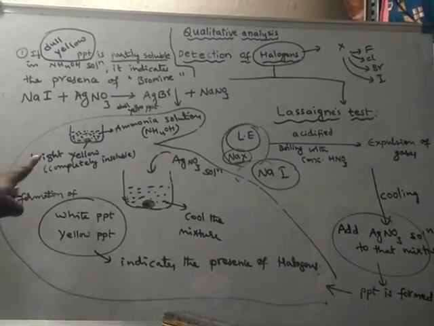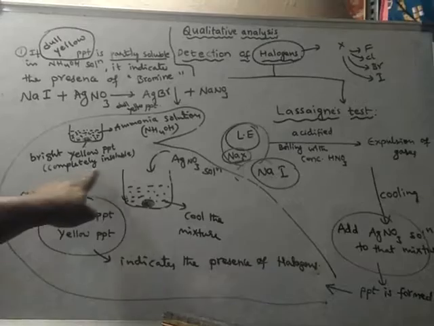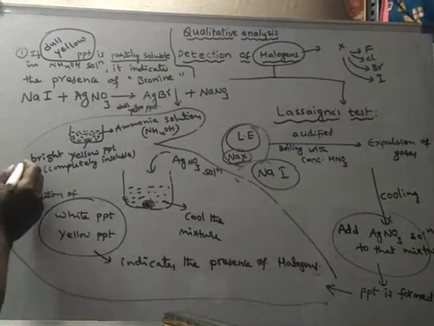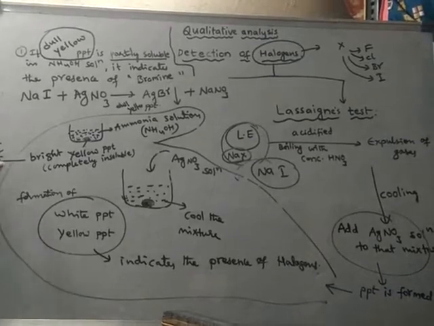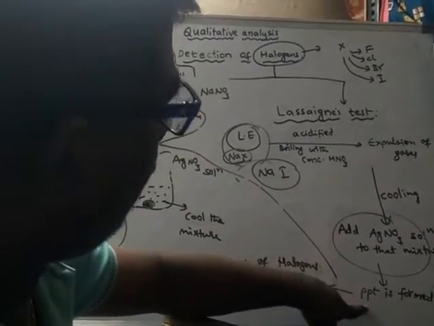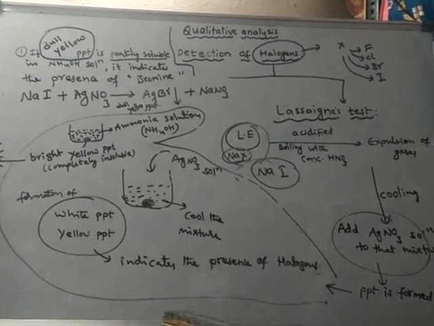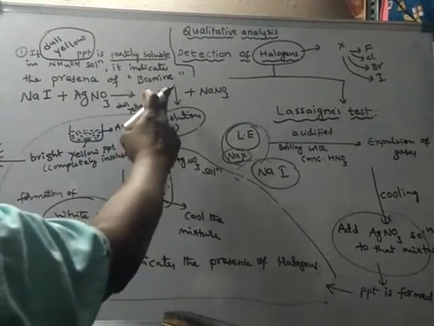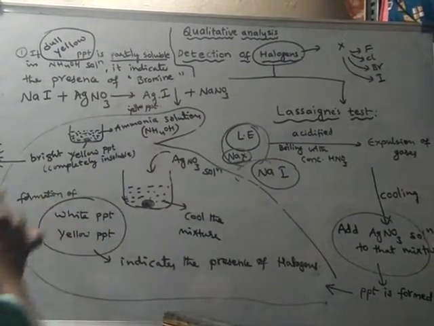This bright yellow precipitate is completely insoluble in ammonia solution, and it is nothing but silver iodide. How is silver iodide formed? If the precipitate is silver iodide, the Lassaigne extract should contain sodium iodide. That means that organic compound should contain iodine. So it forms silver iodide, a yellow or bright yellow precipitate.